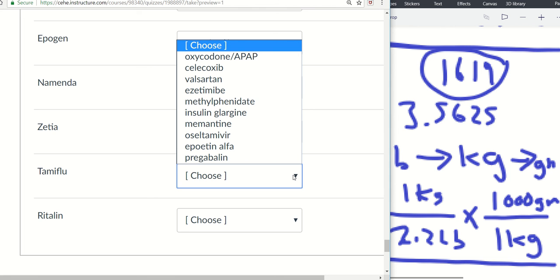Tamiflu, what's the other one with flu in it? What causes the flu? Influenza is caused by a virus, right? So which one has virus in the name? Oseltamivir. VIR is for virus. Most viral meds will have a vir in it.